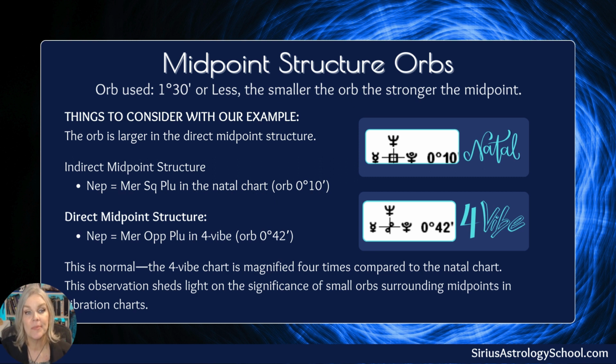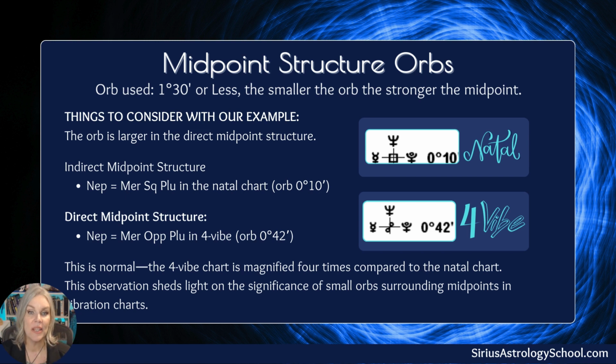So the orb is bigger in the 4 vibration chart. If this was an exact 0 degrees, 0 minutes midpoint in the natal chart, then this orb would be much smaller in the 4 vibration chart. But since we are looking at magnifications of 4 in the 4th vibration chart, then we can expect the orb to likely get bigger. So this is just something to keep in mind.